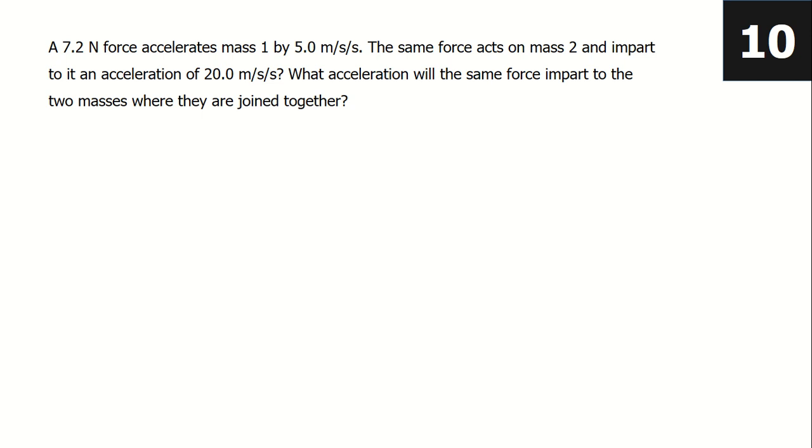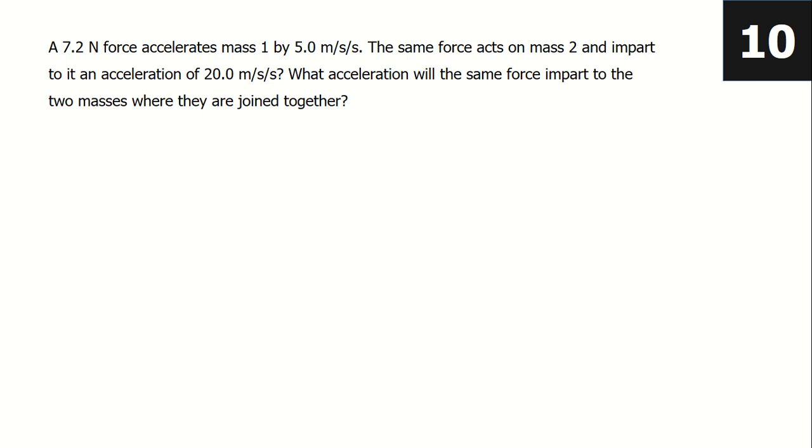The same force, which is 7.2 Newton, acts on mass 2 and imparts to it an acceleration of 20 meter per second squared. So again, you're not given with the mass, but you can easily solve for that. What acceleration will the same force, meaning 7.2 newtons, impart to the two masses when they are joined together?